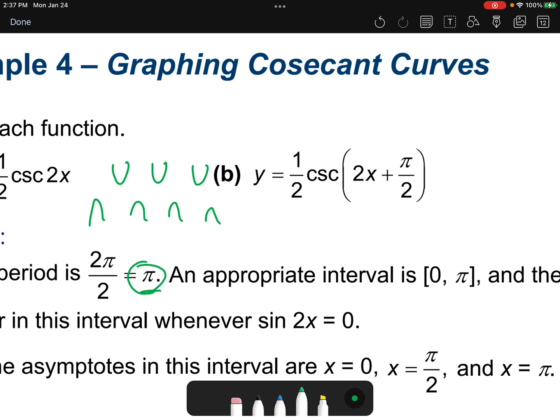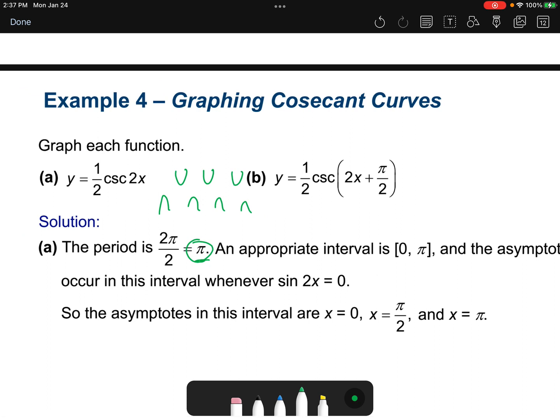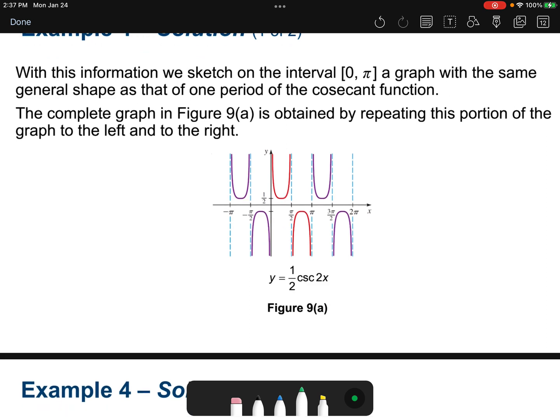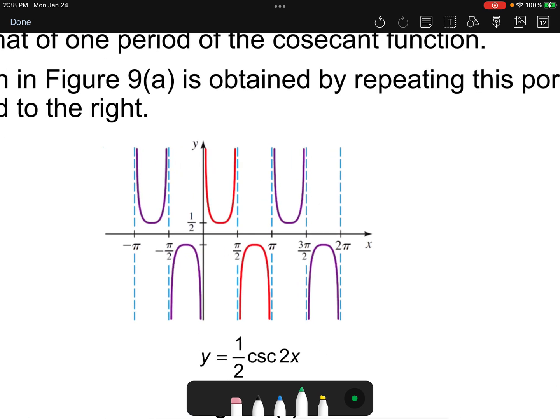Okay, wait a minute, 0.5 over sine, there we go, 2x plus pi divided by 2. Yeah, there we go. Zoom 6. And we get a weird looking graph. Period's just pi over 2, or 2 pi over 2, which is pi. And it's been shifted over left pi over 2. And it should look something like this.